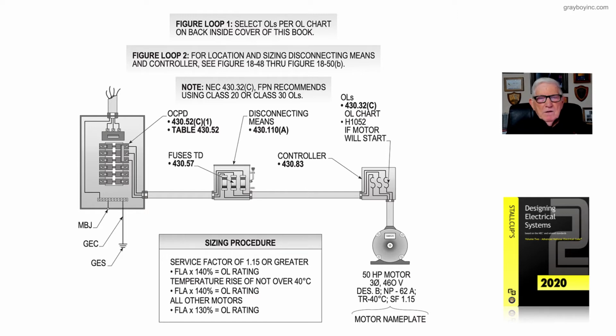Now notice the other way that this could be done with the informational note in 430.32C. The fine print note is changed now to informational note, but it recommends that you could use a class overload that you see in the controller that would give you an acceleration time of 20%, or up to 30, instead of the 140% that you would have there.